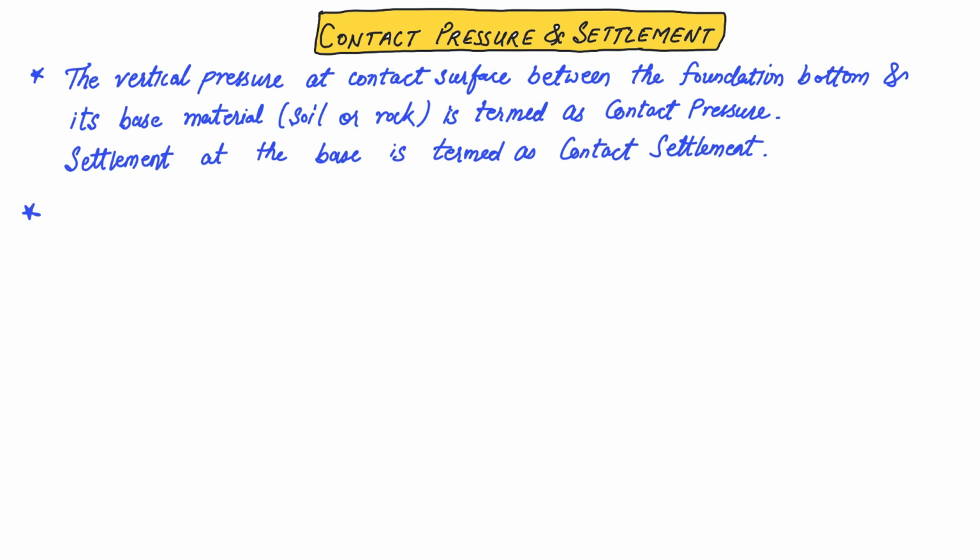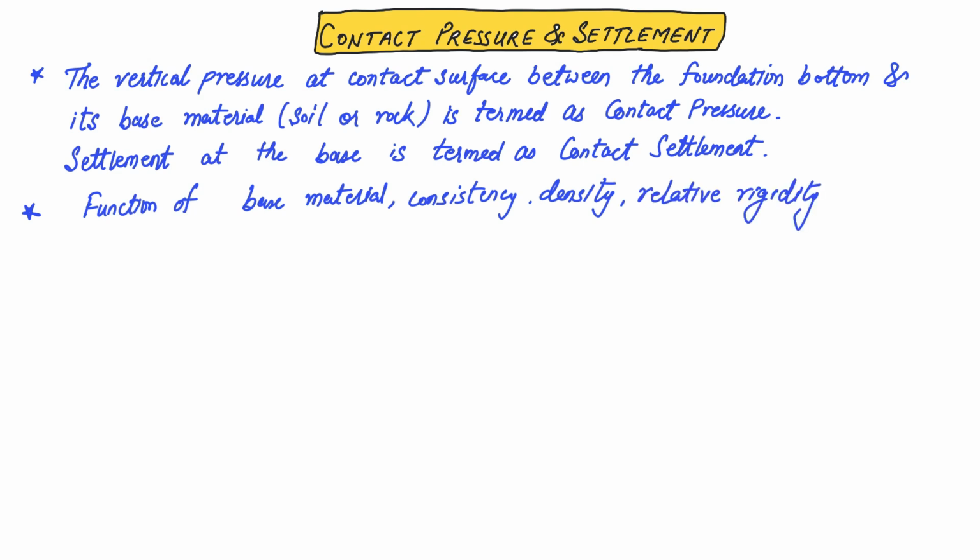Contact pressure distribution and contact settlement beneath a symmetrically loaded shallow foundation are a function of the base material, that is the soil, the consistency or density of soil or rock quality, and the relative rigidity of the base material and foundation.